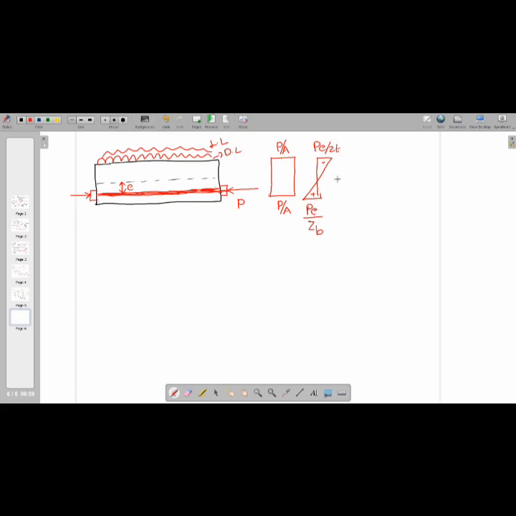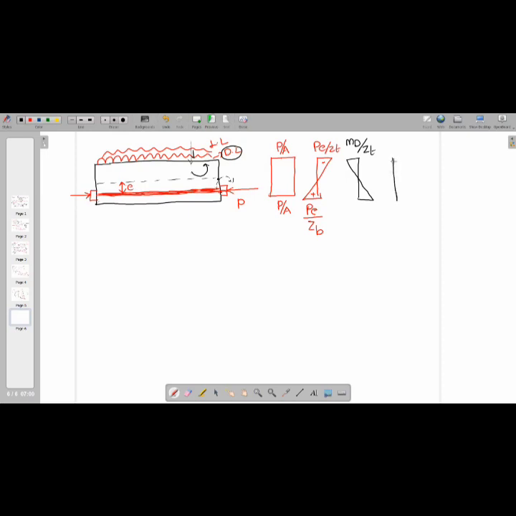Now see students, if I talk here about the moment due to dead load, the moment due to dead load upon ZT. Sir, here there is a dead load and this load eccentricity, the moment will act in this way and it will act in this way. So these two will be on opposite sides.